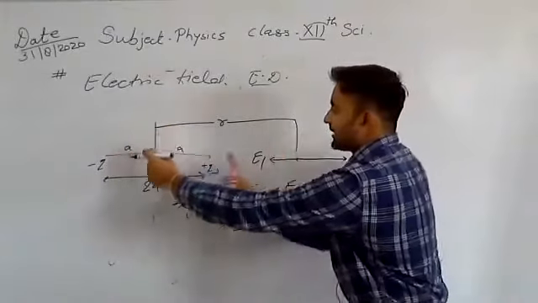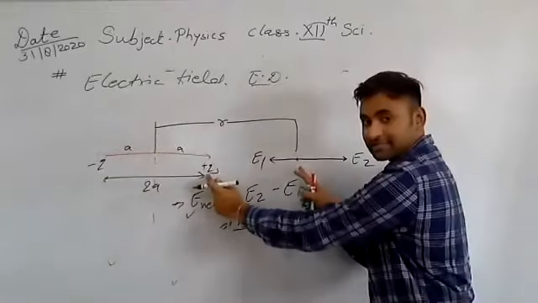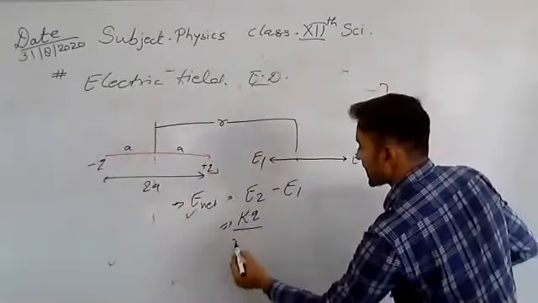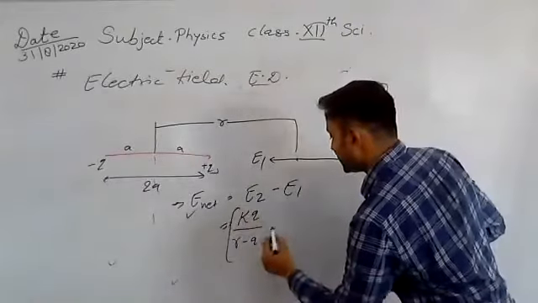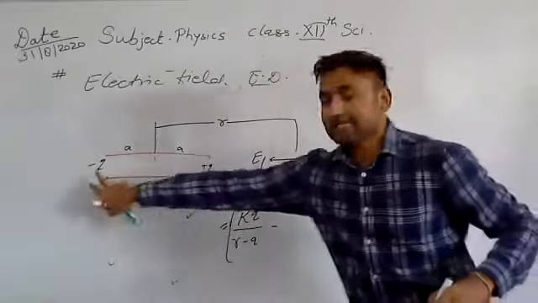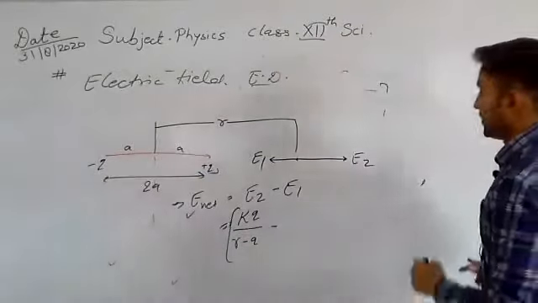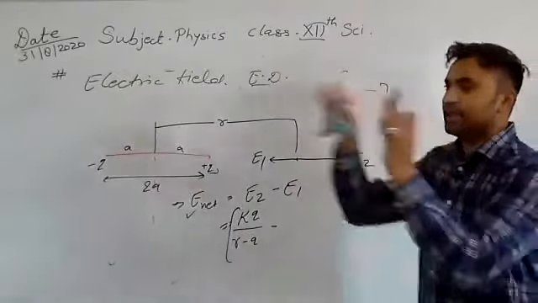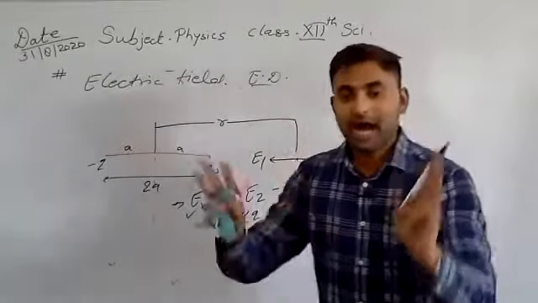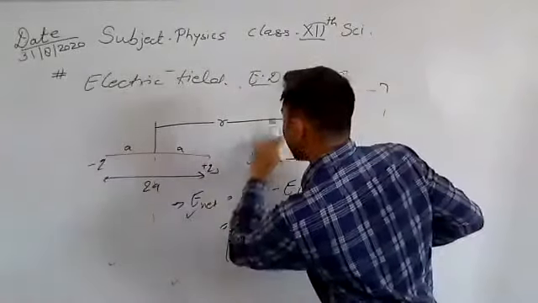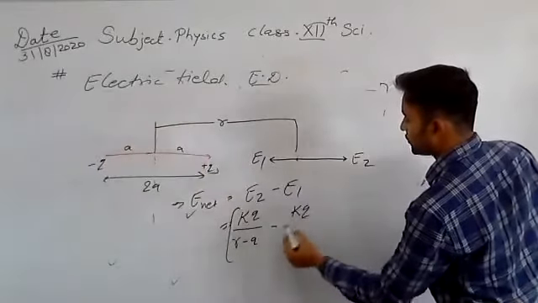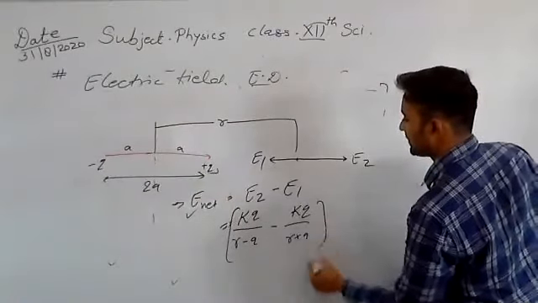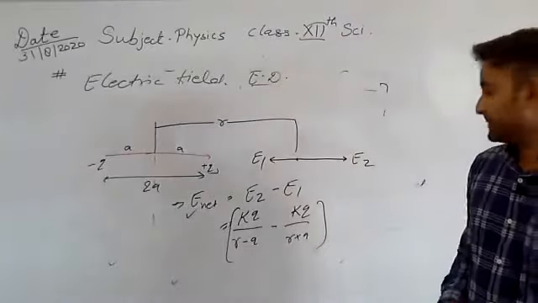So it is kQ by (R minus A) square. Again, due to this negative charge, the electric field will be kQ by R square, where R is calculated as R plus this A. So it will be kQ by (R plus A) square. This is how we calculate E net.